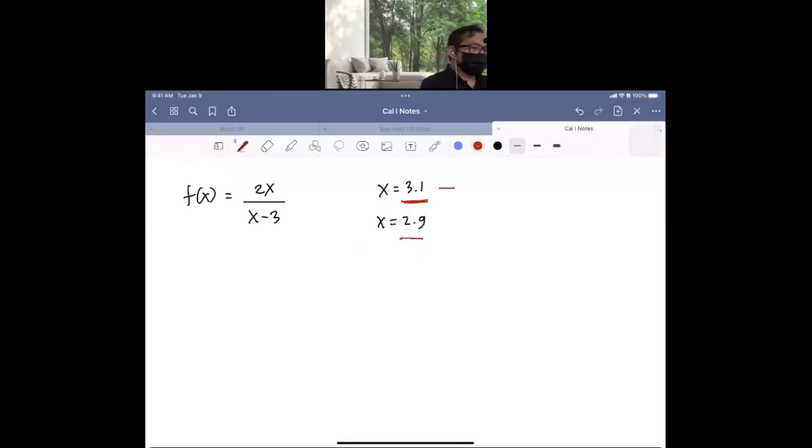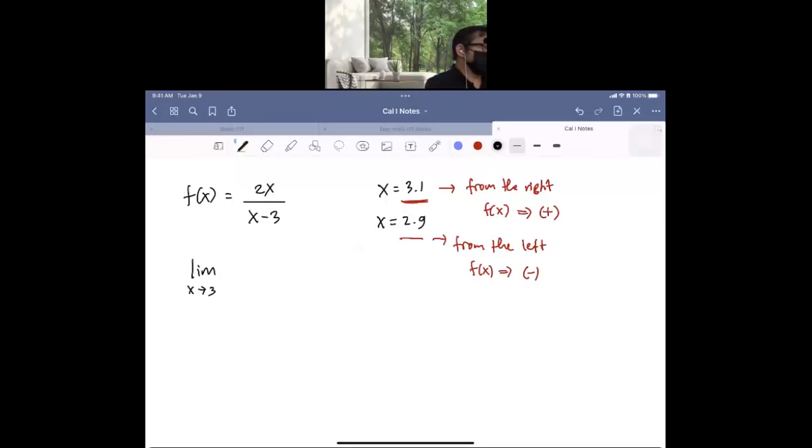If we see this from the right, f of x seems to have a positive sign, right? And if we check from the left, f of x seems to be negative. Okay? So when we deal with the limit, if we want to check the limit, that's the limit as x approaching 3. Okay?